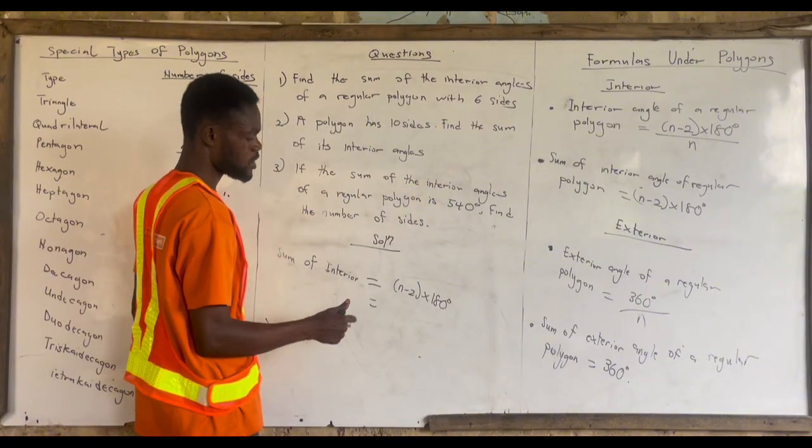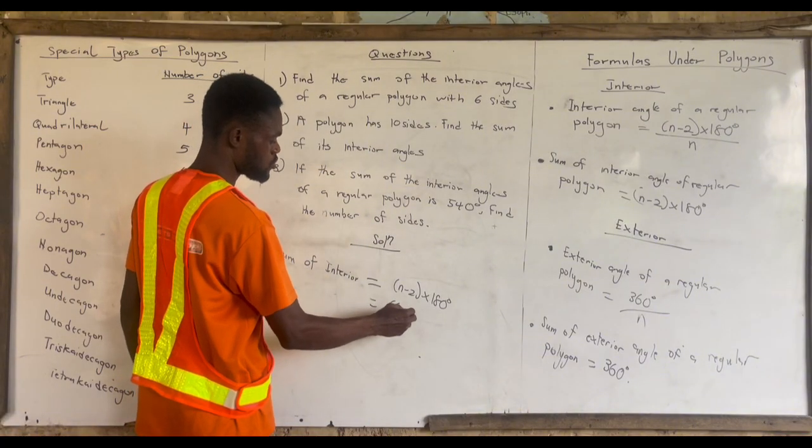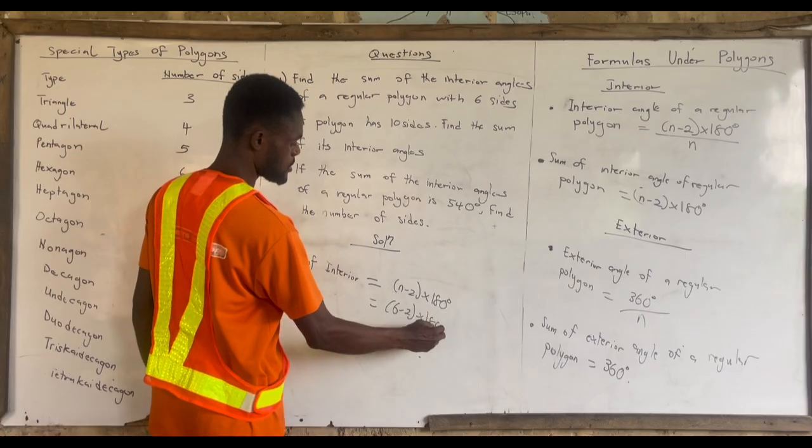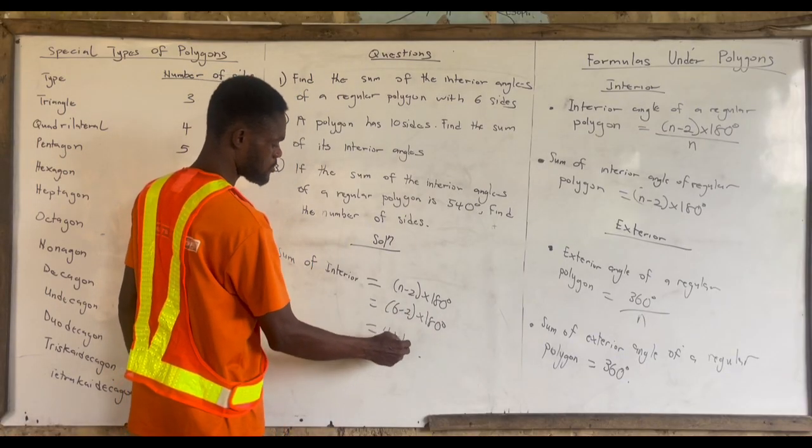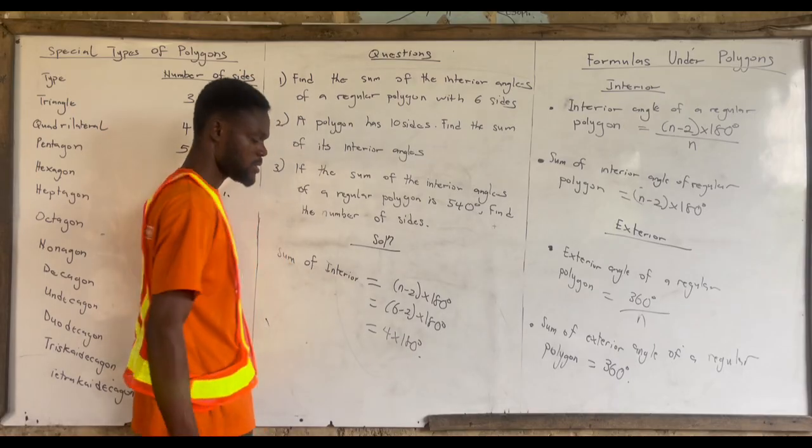We're given the number of sides to be 6. So 6 minus 2 times 180 degrees. 6 minus 2, which is 4, times 180 degrees.